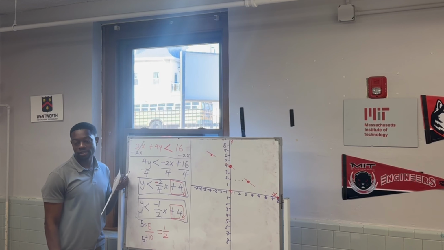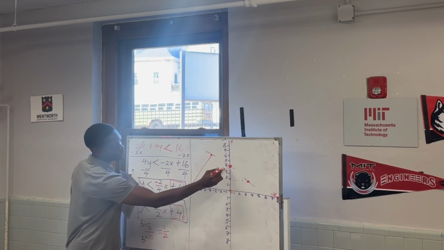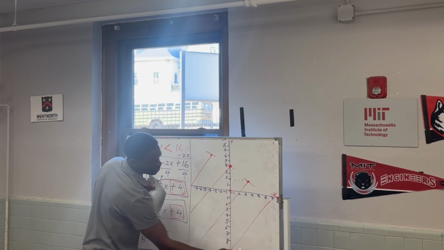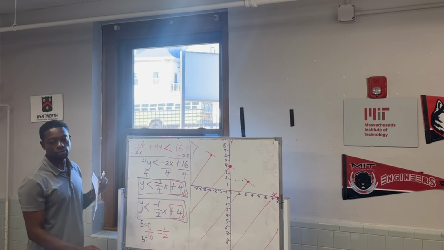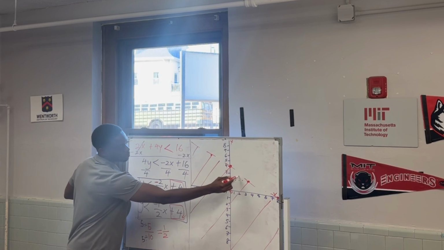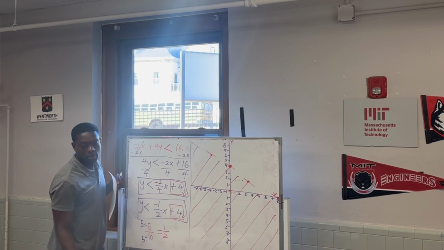And then I gotta ask myself, am I shading above or below? Below. Below, right? So I'm shading everything down here. Everything down here. Because it's below. I'm shading everything below the line. Yeah, just draw a line.